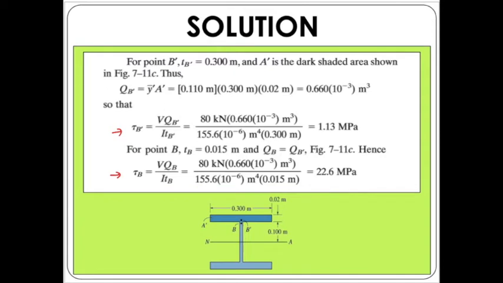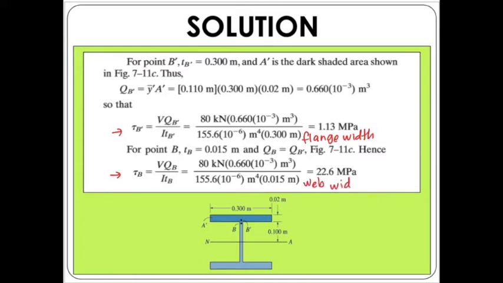For tau B, we are going to consider the web width. For tau B prime, we consider the flange width, so that would be the t value. As for the bottom part, we are going to consider the web width.